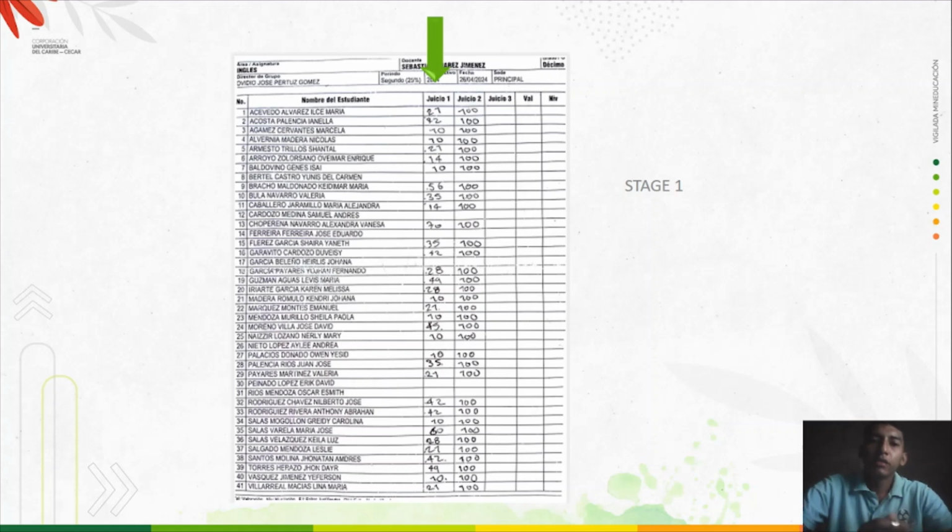Well, in this stage, it's number one. You can see in this part the first stage when I started to implement my method. So as I said before, the level of the students was so bad. There are the results.